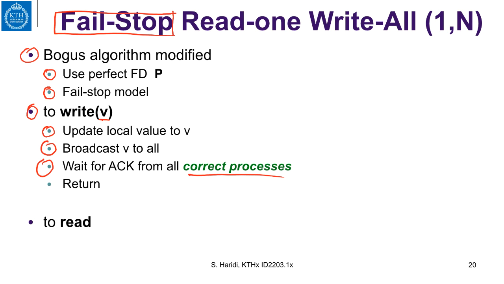We know we cannot use an acknowledgement mechanism without talking about correct processes, which necessitates the use of a perfect failure detector. Once it has an acknowledgement from all correct processes, the write returns. The reader just reads the local value. So this algorithm is actually correct. We will show that very soon, but let us see first an example.